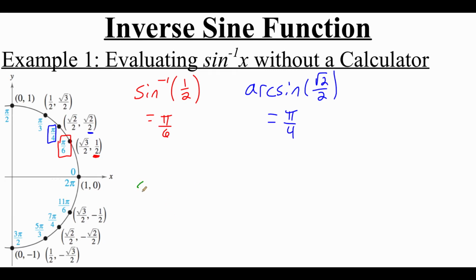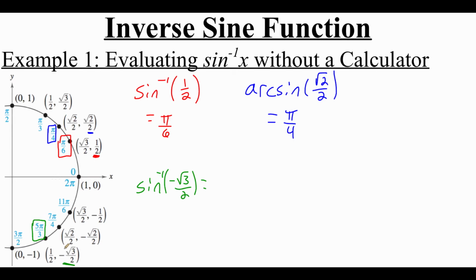Now let's say we wanted to do the inverse sine of negative root 3 over 2. Here we're looking at a negative sine value, meaning that we're going to be on the bottom of our unit circle, and I'm trying to find a y value of negative root 3 over 2. If I look down here, I've got negative root 3 over 2, and that angle is 5 pi over 3.